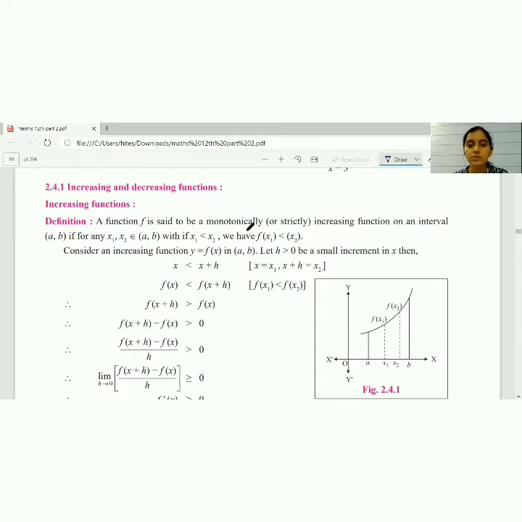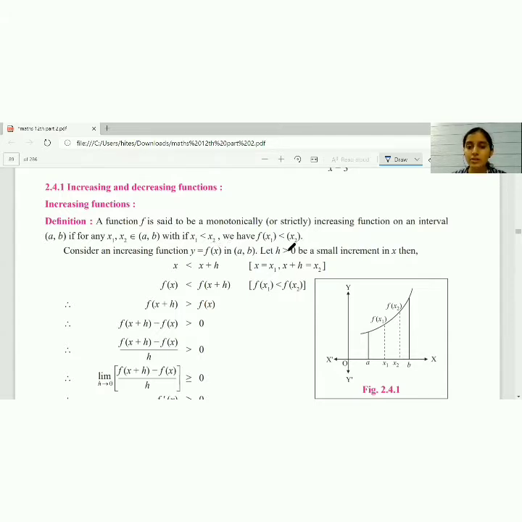A function f is said to be a monotonically or strictly increasing function on an interval a comma b if for any x1, x2 belonging to a comma b, with x1 less than x2, very important, we have f of x1 less than f of x2. We are considering an increasing function here, y equal to f of x in a comma b.